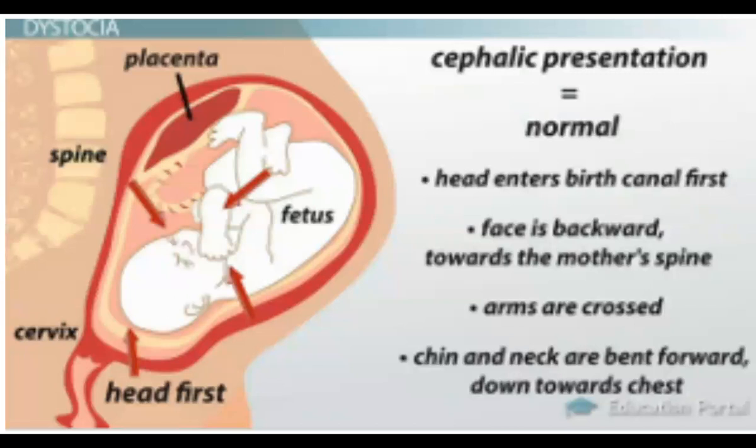Cephalic presentation is the normal one. If you see in this diagram, the head enters the birth canal first. The face is backward towards the mother's spine, and the arms are crossed. The chin and neck are bent forward and down towards the chest.